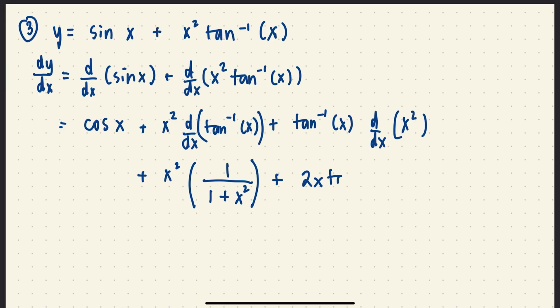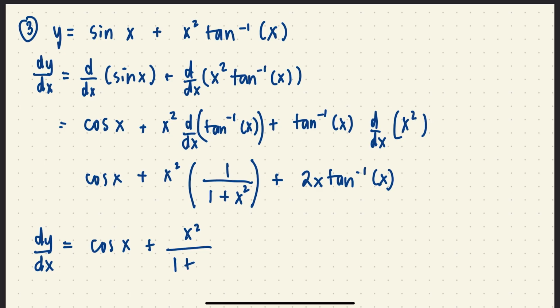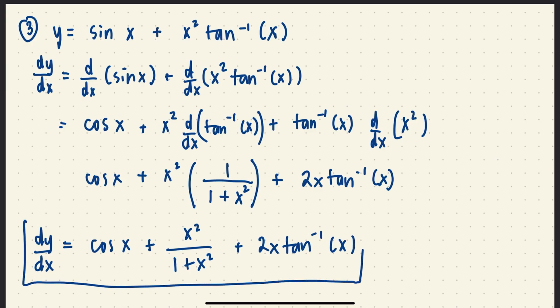So we just put it in front. Okay. So simplifying this, you'll get dy over dx is cosine of x plus x squared all over 1 plus x squared plus 2x arctan of x. It's now your final answer.